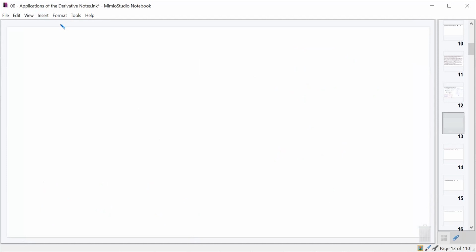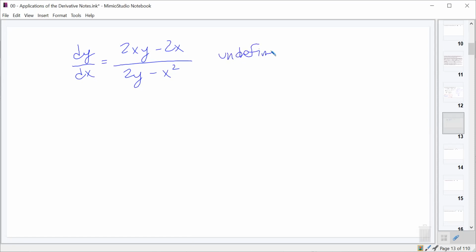We've got our derivative as 2xy minus 2x over 2y minus x squared. So in order for this to be undefined, that could only occur if the denominator, 2y minus x squared, was equal to 0.